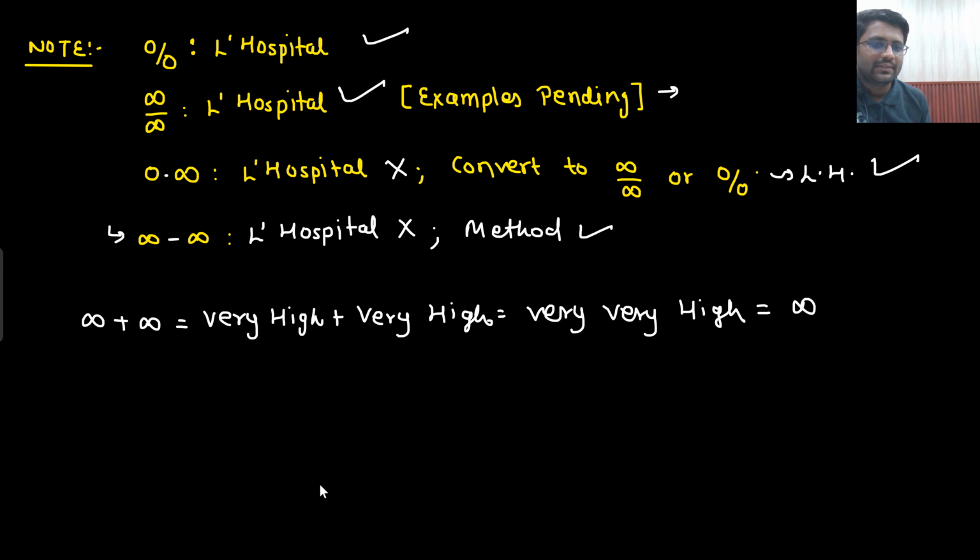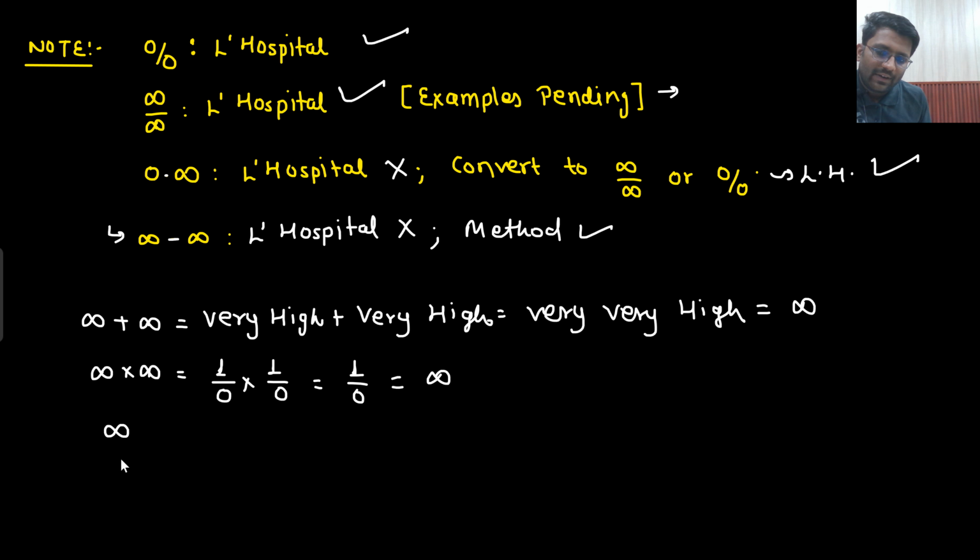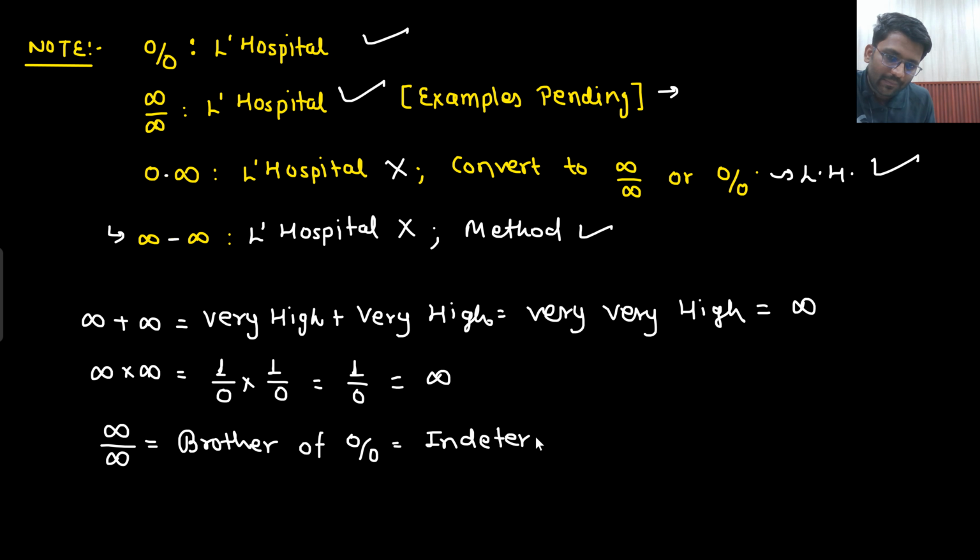So infinite plus infinite is infinite. What is infinite into infinite? I told you 1 by 0 multiplied with 1 by 0, 1 by 0 only, that is also infinity. What is infinite divided by infinity? I told you, brother of 0 by 0, infinite by infinite, and that is an indeterminate form.